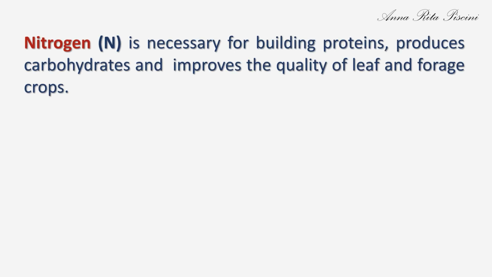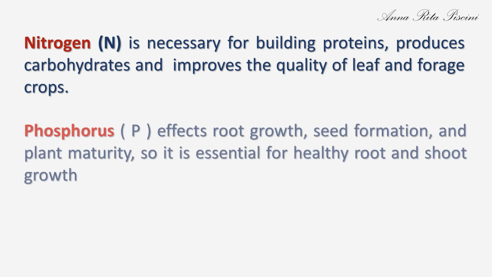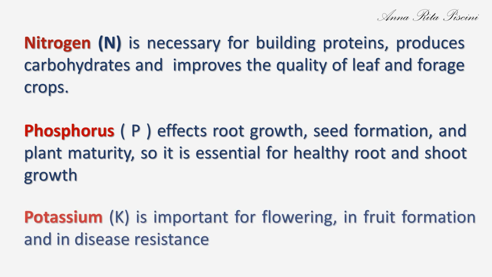Nitrogen is necessary for building proteins, produces carbohydrates, and improves the quality of leaf and forage crops. Phosphorus affects root growth, seed formation, and plant maturity, so it is essential for healthy root and shoot growth. Potassium is important for flowering, in fruit formation, and in disease resistance.